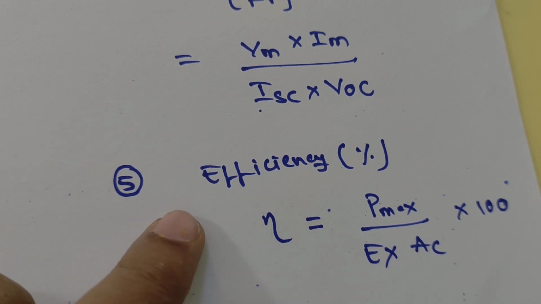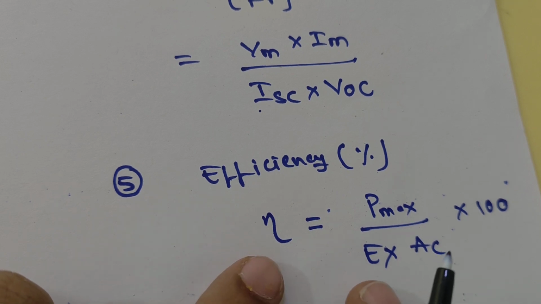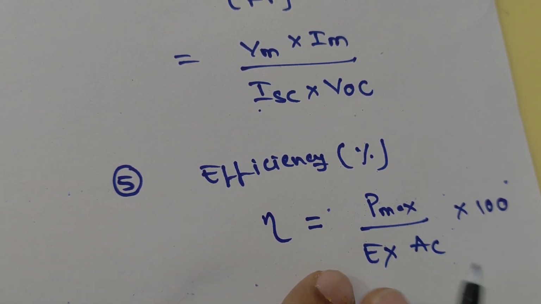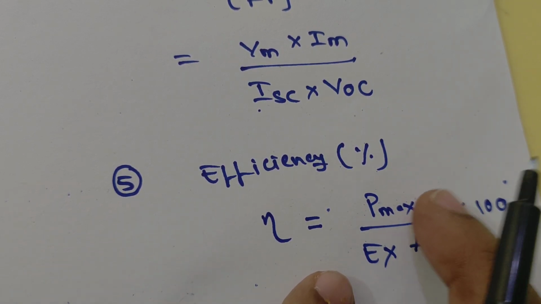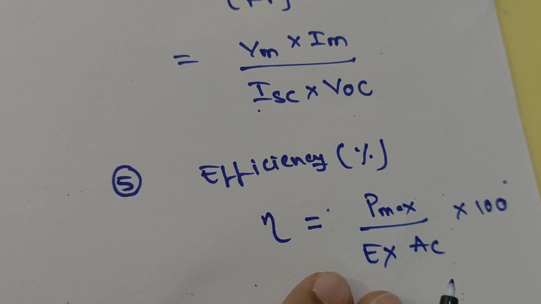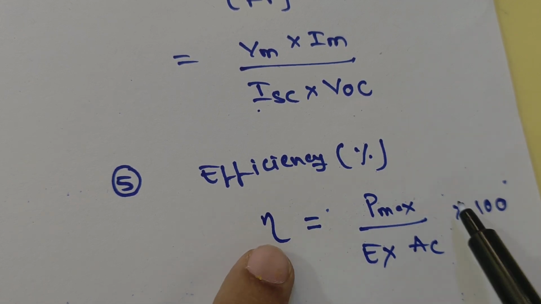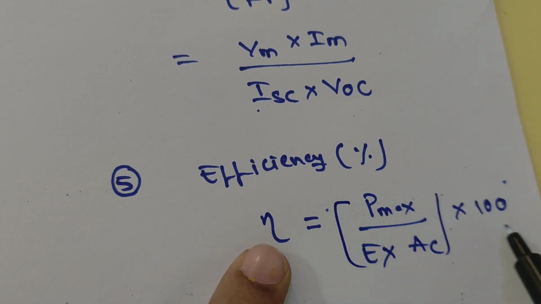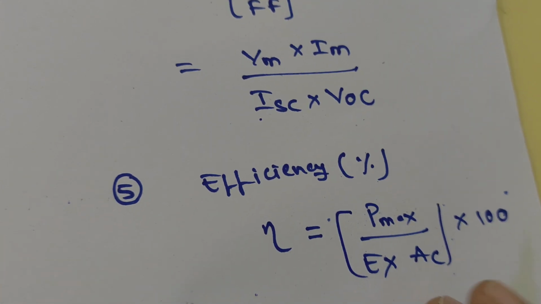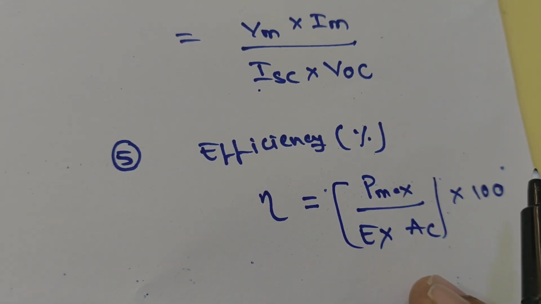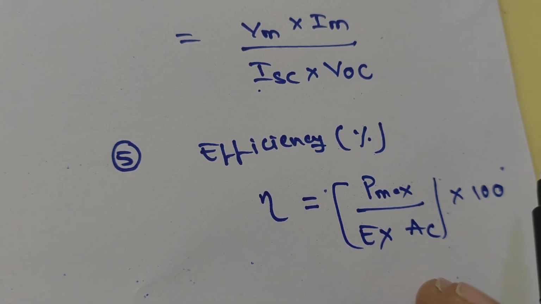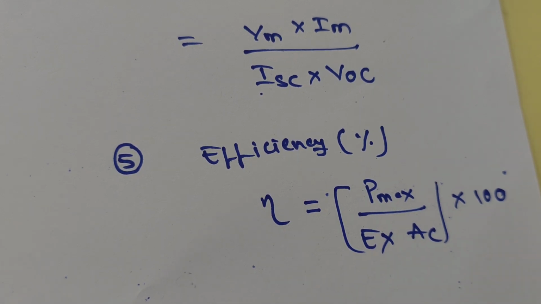The area appears because the illuminated energy is expressed per area. So it is P max divided by the illuminated sun energy into area, multiplied by 100 for percentage. Generally the solar cell efficiency is around 10 to 15%, so the performance of the solar cell is decided by its efficiency values.